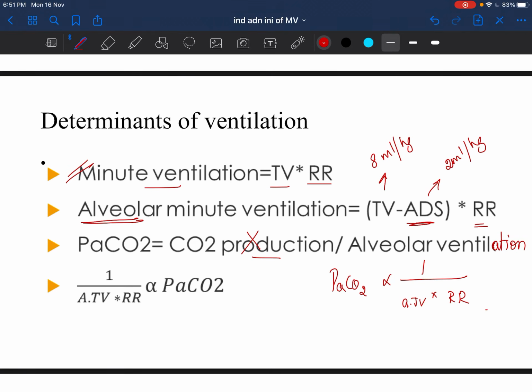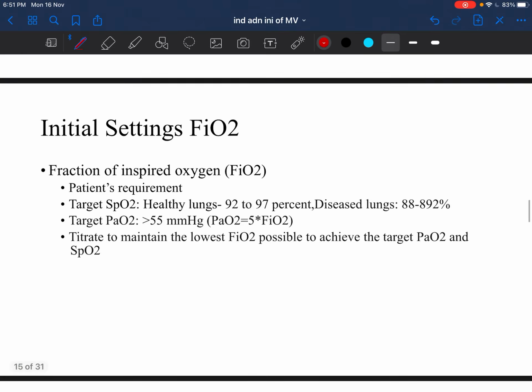So, that is why your PaCO2, which in other terms you can call as ventilation, is inversely proportional to your alveolar tidal volume and your respiratory rate. Got my point? That is why your tidal volume and respiratory rate are determinants of ventilation.